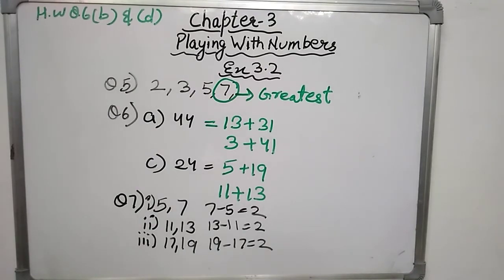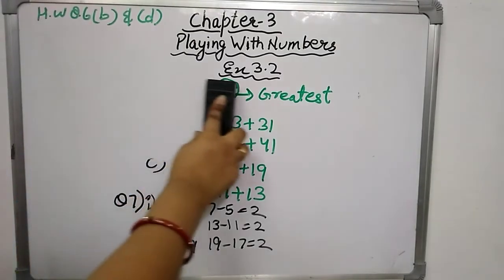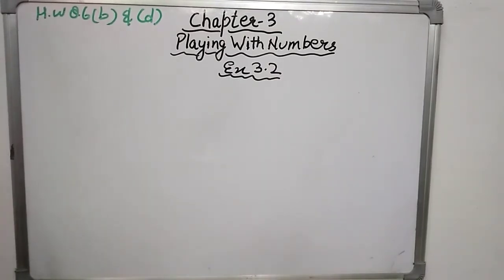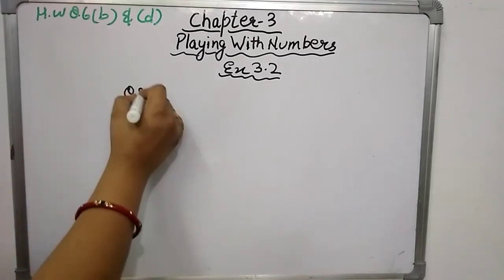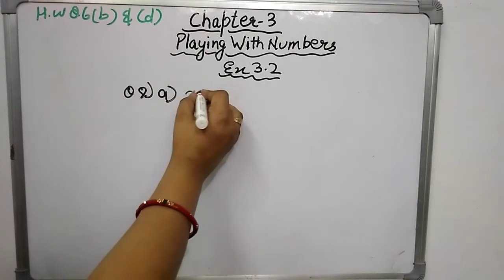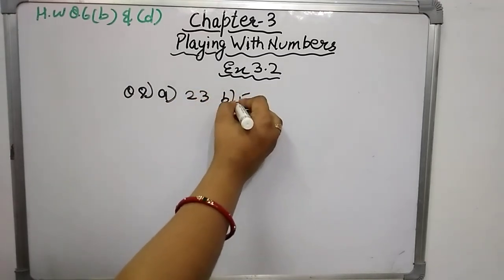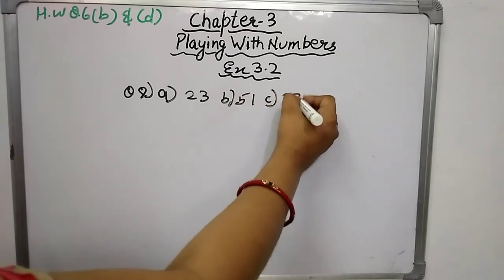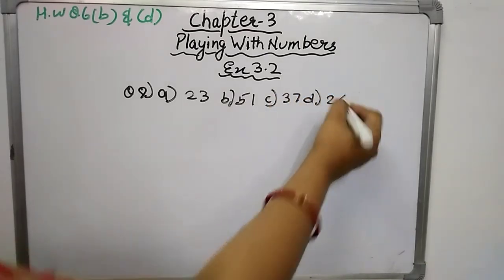Next, question number 8. There are 4 numbers given in this question and it is asked which of the following numbers are prime. You need to find which of the given 4 numbers is a prime number. So the numbers given are 23, 51, 37 and 26.